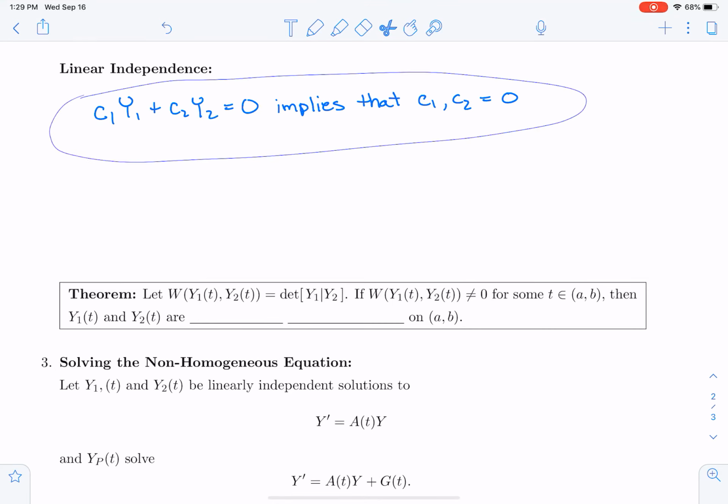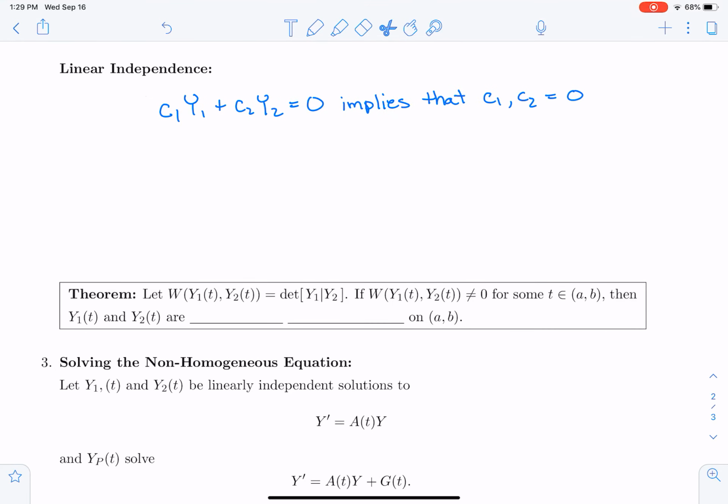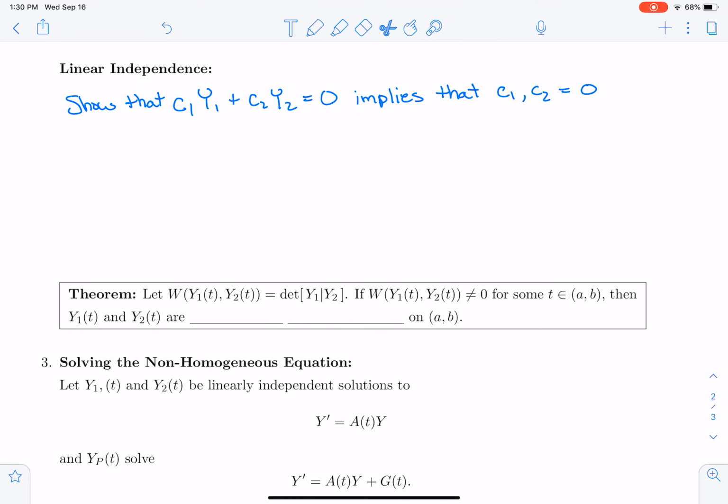So we want to show that a linear combination of our solutions being 0 means that the coefficients c1 and c2 are equal to 0. That's the definition of linear independence.